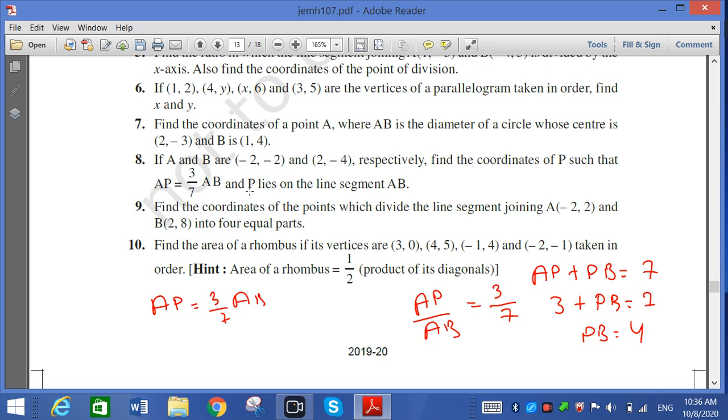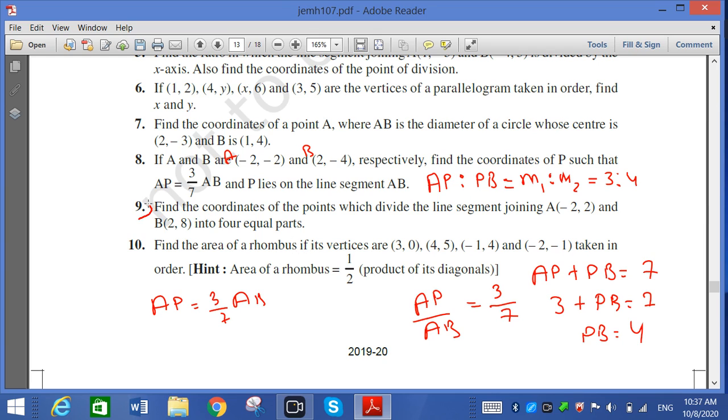So when P lies between A and B, the ratio AP to PB, that is m1 to m2, is 3 to 4. Here is the A coordinate and here is the B coordinate. I have given you the ratio; now you try to find it yourself.